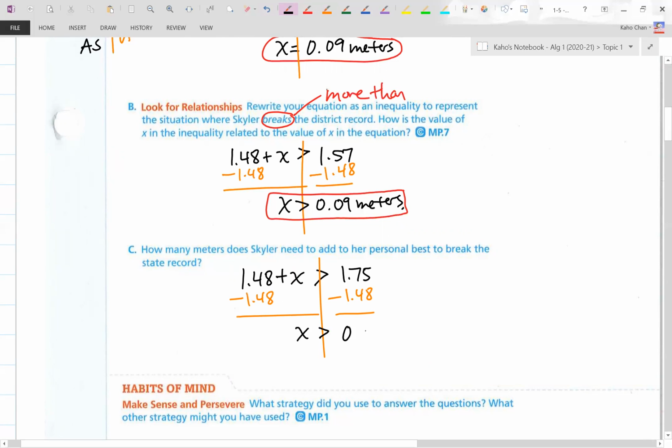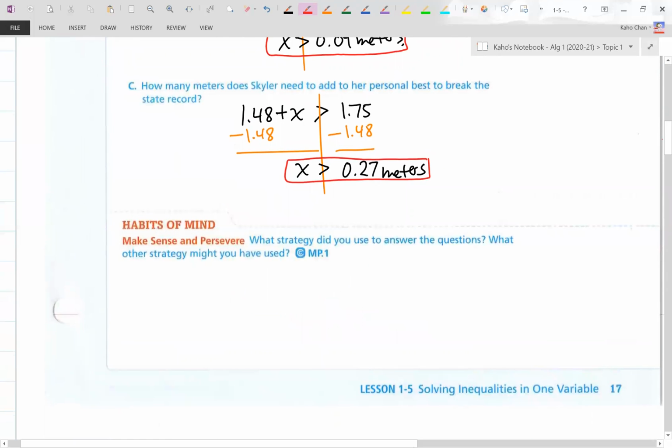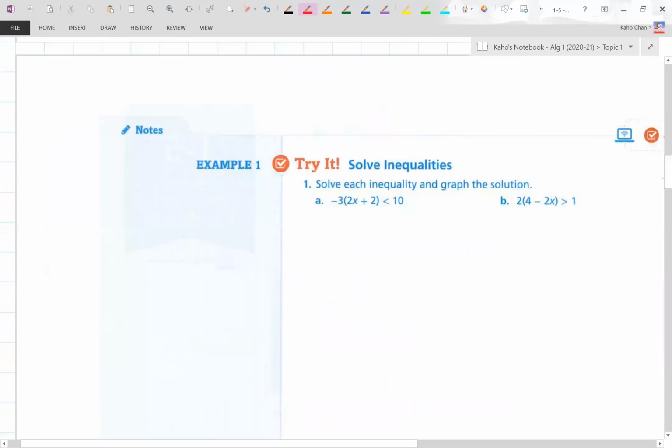And we'll get 0.27 meters. Perfect. Anything greater than 0.27 meters, Skylar will break the state record. All right, we're going to skip this question at the bottom there. Any questions? Let's move on to the next section, next page, I mean.